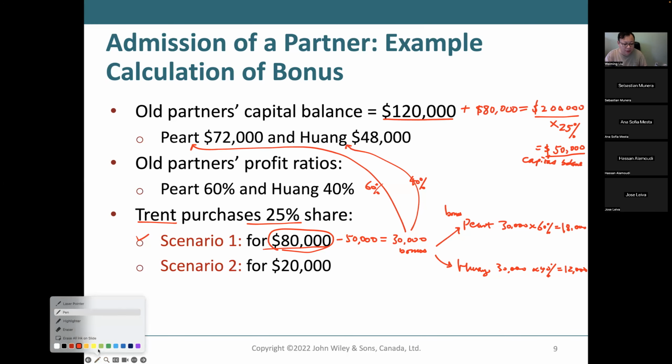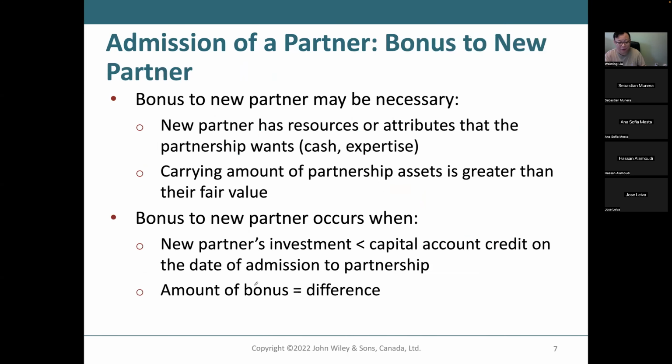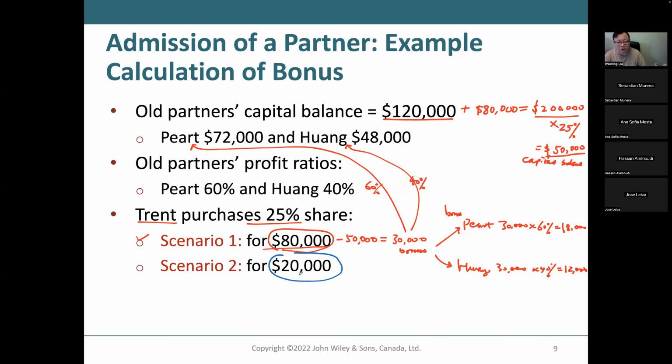Now let's take a look at the second scenario. What if it's not 80,000? What if it's 20,000? So if it's 20,000, we start with 120,000, and then we add the contribution from Trent, 20,000.